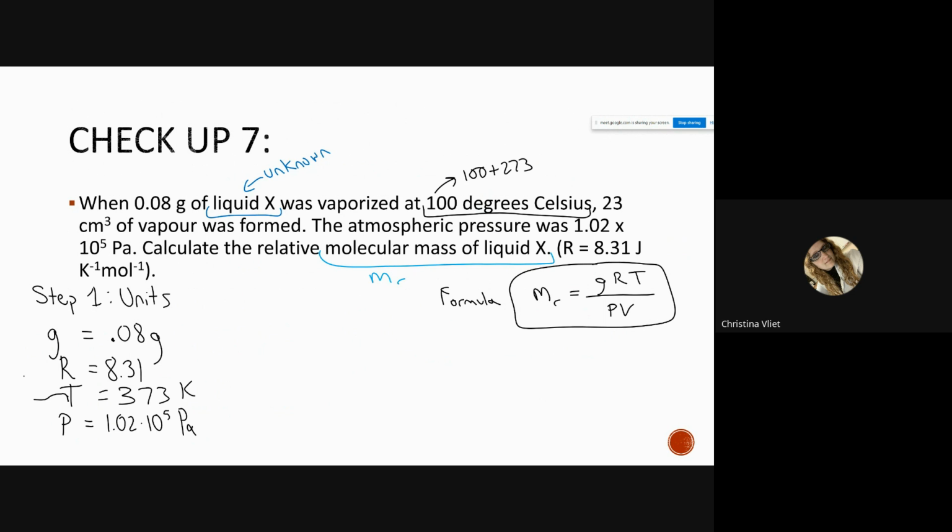All right, last one, V. What's my volume here? 23 centimeters cubed, because it's the thing that's cubed. Remember, volume is length times width times height. So it's whatever's cubed. 23 centimeters cubed. Is that correct? I've gotta change it to meters cubed. How many movements do I gotta make? 6? Yeah.